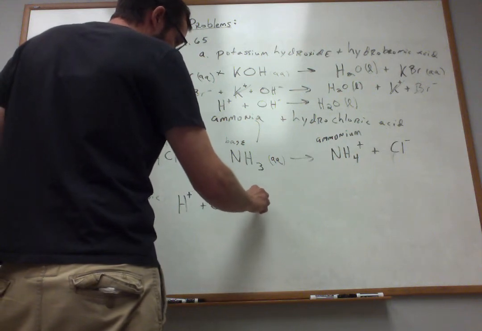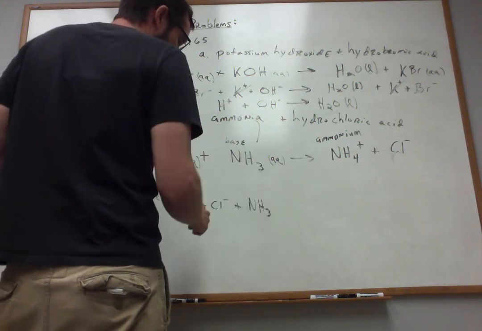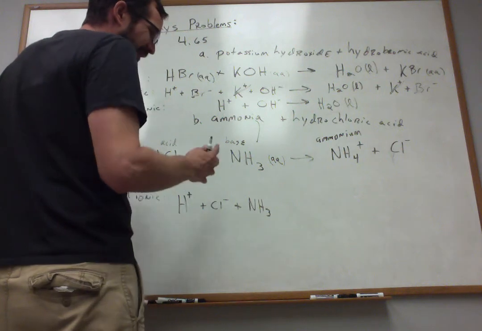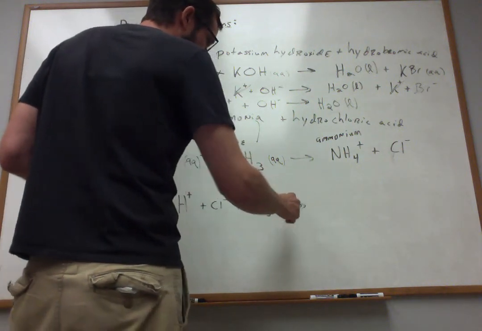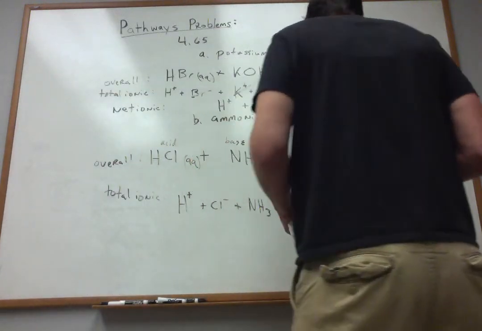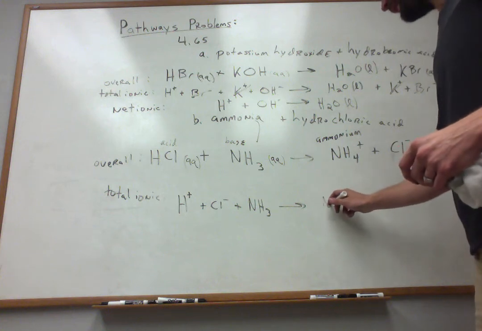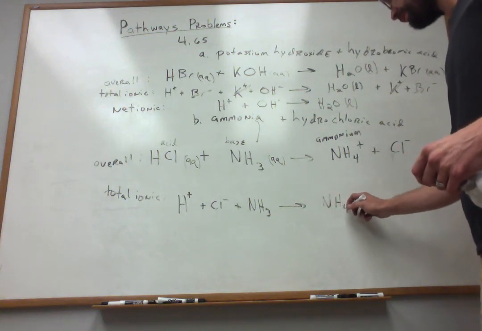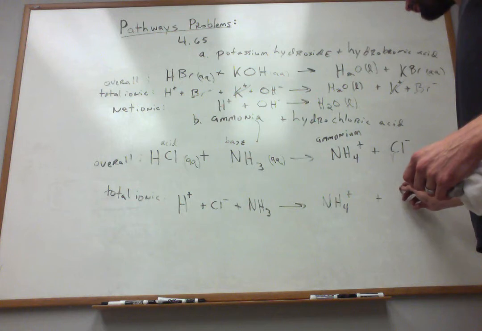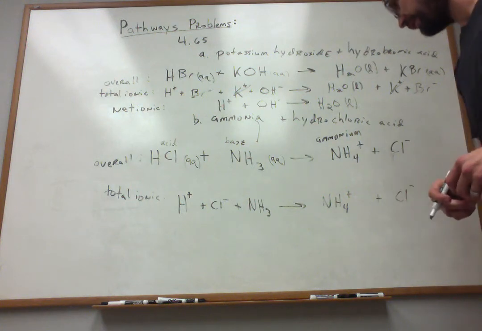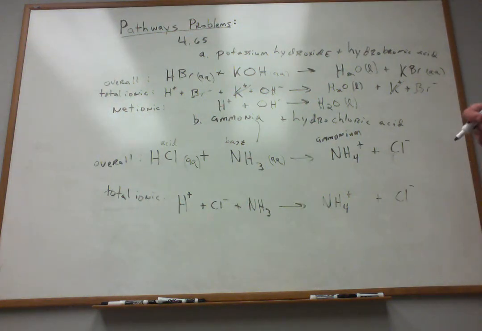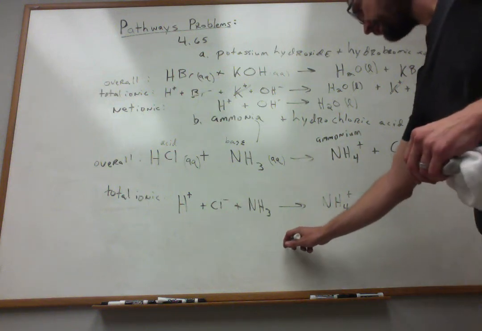However, NH3, my ammonia, is a molecular compound, so that stays together. There's not really any charge there. It just kind of comes along floating in solution, okay? I'm going to make my NH4 plus, my ammonium, and I'm also going to make my Cl minus as a result of this reaction. Okay, so anything that doesn't change is a spectator.